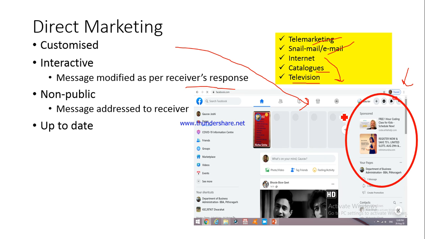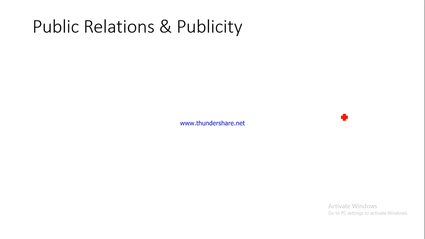If my customer has decided to close down his account in my bank, I'll send a different message and I'll apologize for whatever inconvenience has been caused to him, because of which he has taken this decision. So I can be up to date as far as direct marketing is concerned. However, bringing about change in sales promotion or specifically in advertising is very, very time consuming.